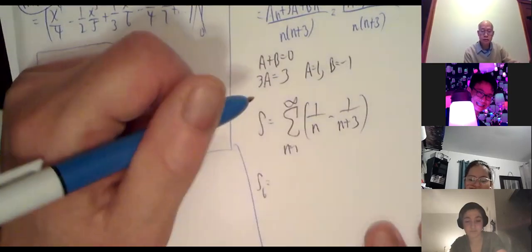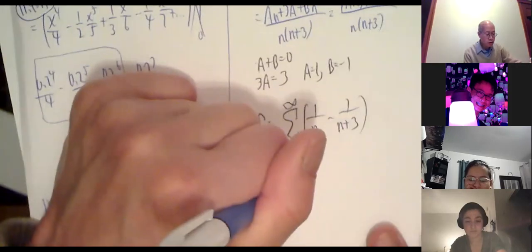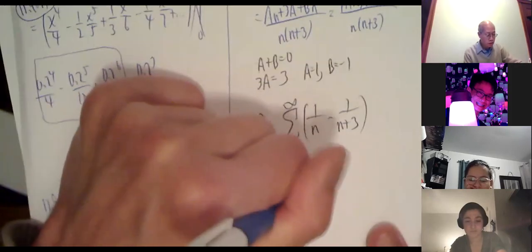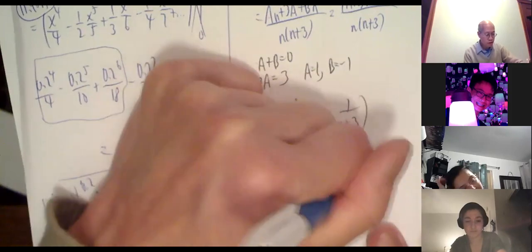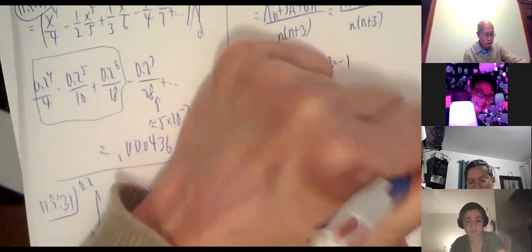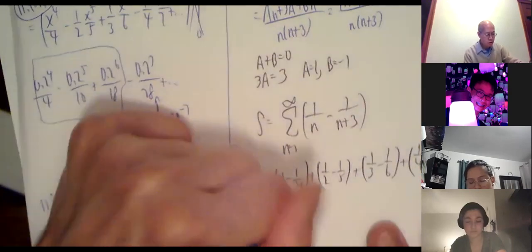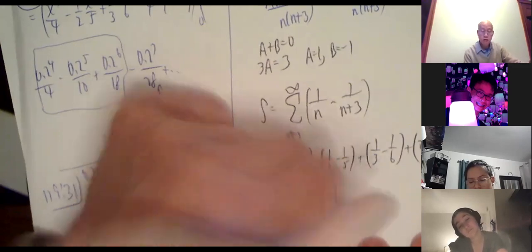S6. So plug in 1, 1 minus 1/4. Plug in 2, 1/2 minus 1/5. Plug in 3, 1/3 minus 1/6. Plug in 4, 1/4 minus 1/7. Plug in 5, 1/5 minus 1/8. Plug in 6, 1/6 minus 1/9.